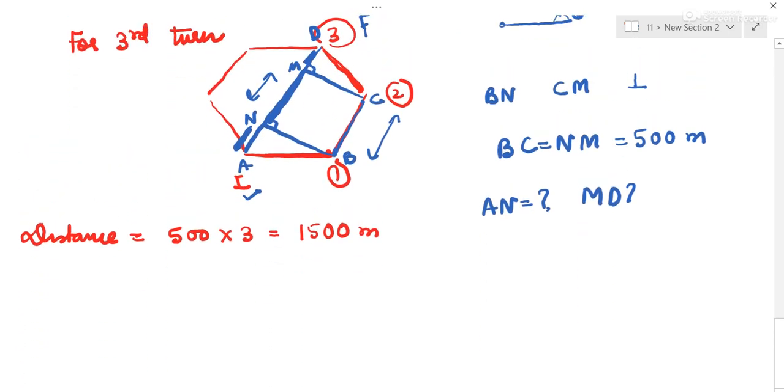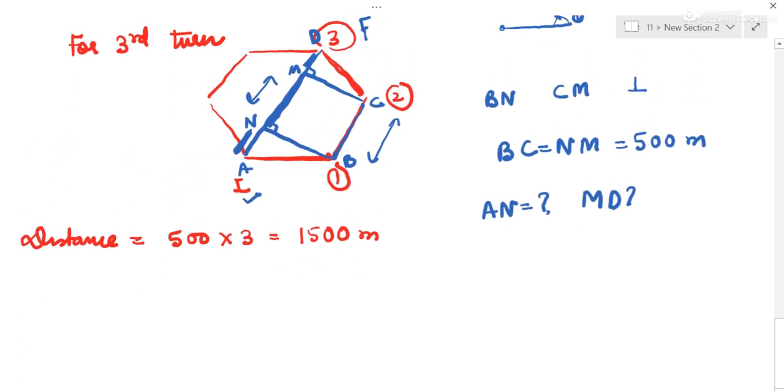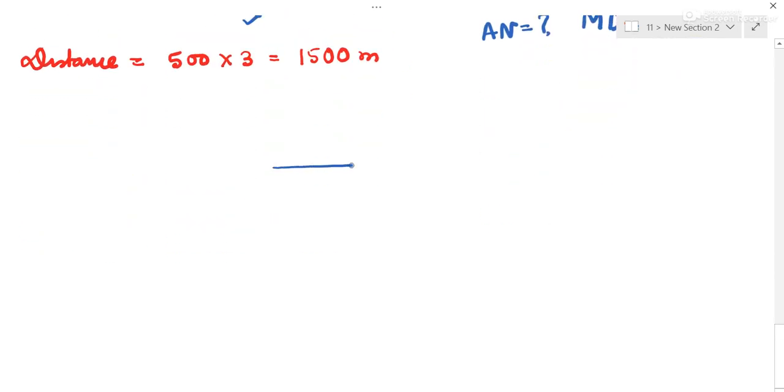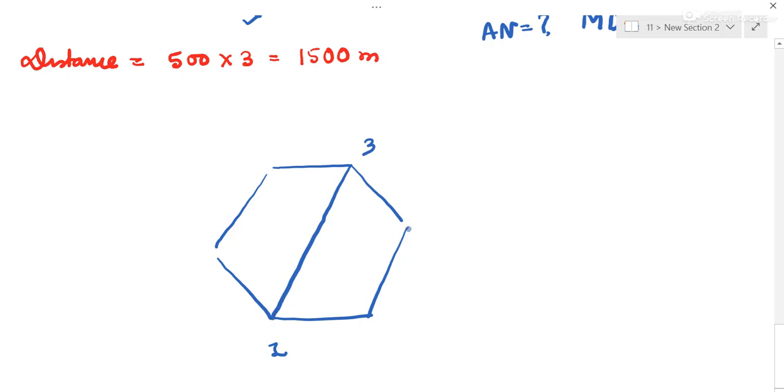So we can see in the diagram. See, let us make one more diagram. Yeah, this is initial position, this is third turn. So we have to find out this. We have dropped perpendiculars. Okay, this is 500, middle one. Now we should find out this A, N and M, B, C, D. AN and DM we have to find out.